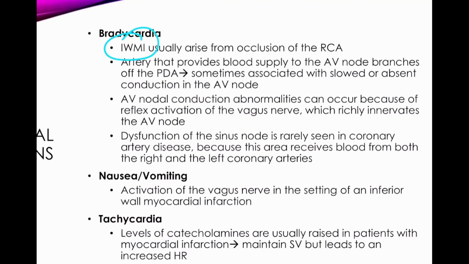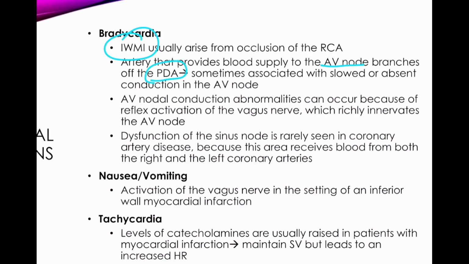Okay, so the artery that provides blood to the AV node branches off of the PDA from the right side of the heart. The AV node is only supplied by that one artery. So you put them in an AV block, which will cause the bradycardia.